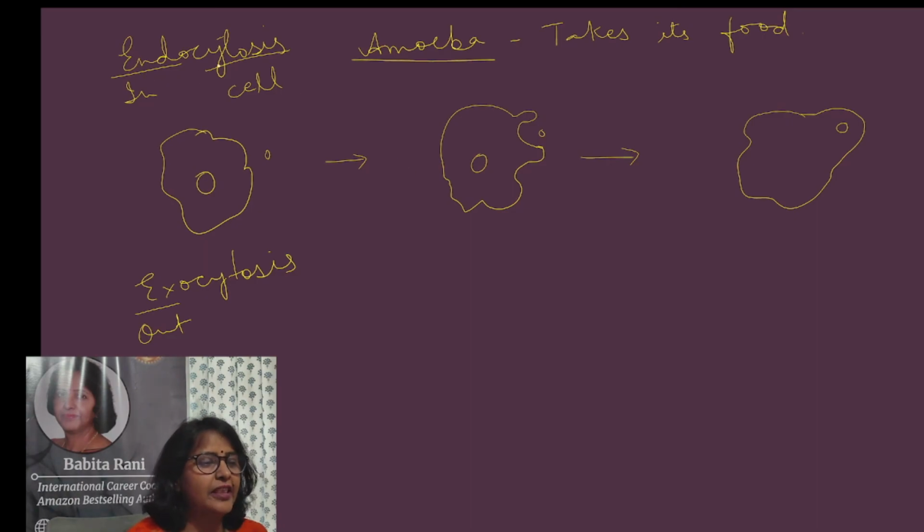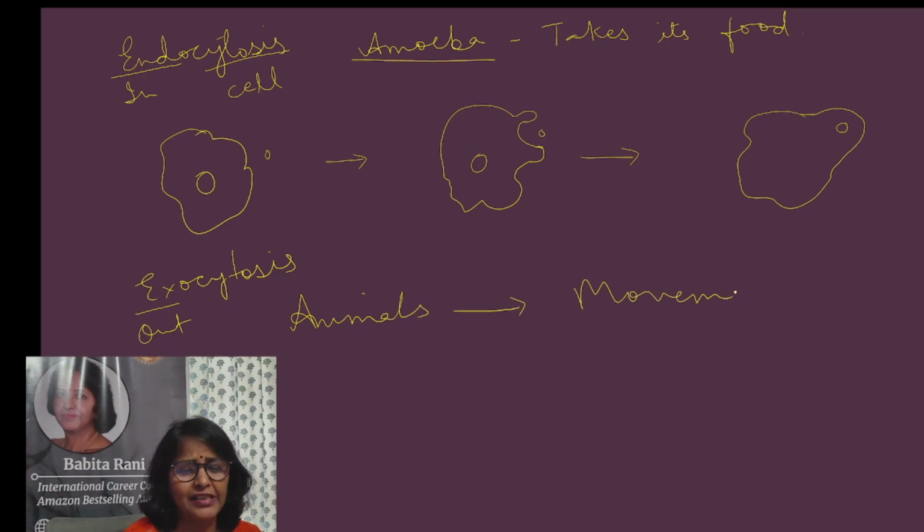And the process is known as endocytosis. Similarly, animals have to move from one place to another, and for that they need flexibility. Movement of animals require flexibility. So they have only cell membrane, they do not have cell wall.